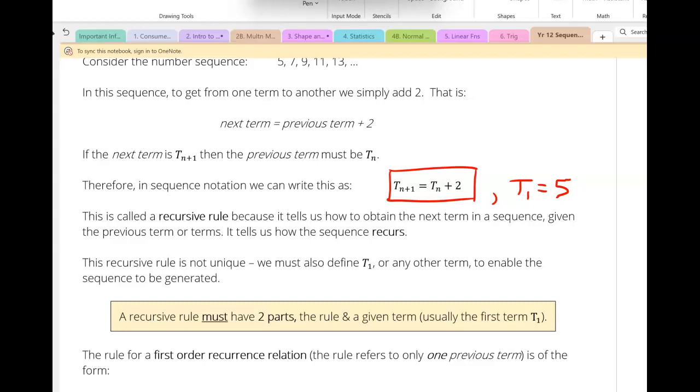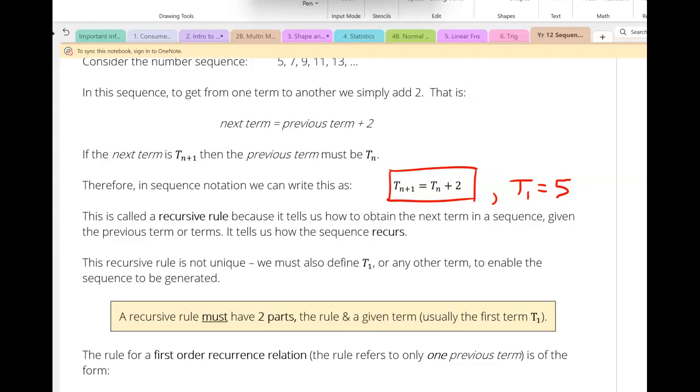We're always relying on the previous term. So if I wanted to know what term 100 was, I actually need term 99 to do that. With our linear rules that we've done in the past, we could just sub in 100 into the rule. So that's the difference. We're using previous terms to get the next term.